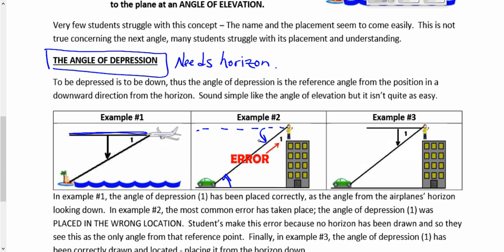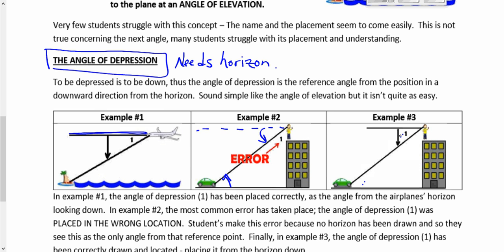That would be the angle of depression. You see the distinction there? Okay? That's not the angle of depression. That is. You need that horizon line. Everybody get that, right? So don't make that mistake. Angle of elevation down here, angle of depression with a horizon line up there. Everybody with me? Okay? All right, let's go to some examples.